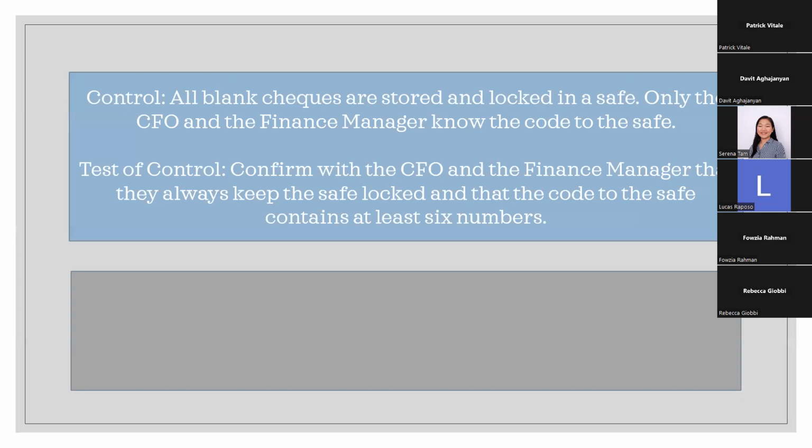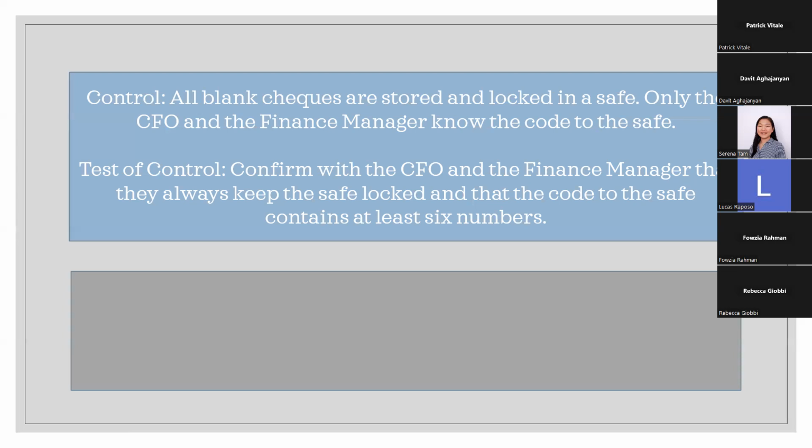Not good. All right, perfect. So yeah, it's not good enough because look, there are 2 controls in place. Number 1, all blank checks are stored in the locked safe. Number 2, only the CFO and the finance manager know the code to the safe.